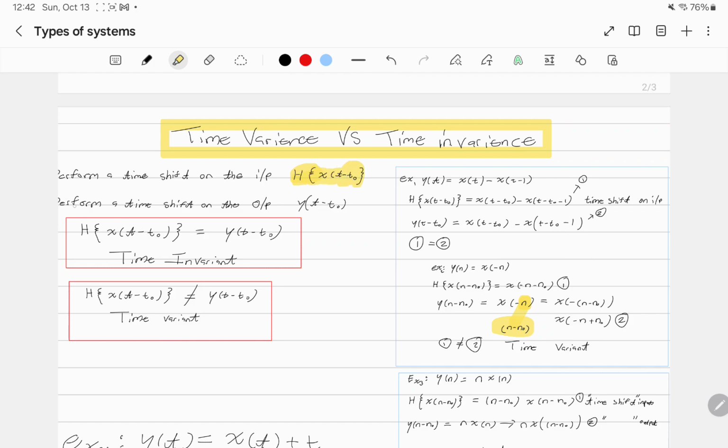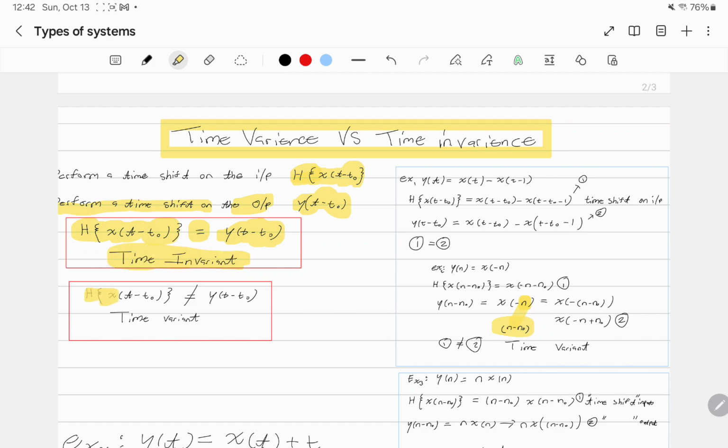Then you perform a time shift on the output, which is represented by y of t minus t naught. If the shift on the input is equal to the shift on the output, then you have a time invariant system.